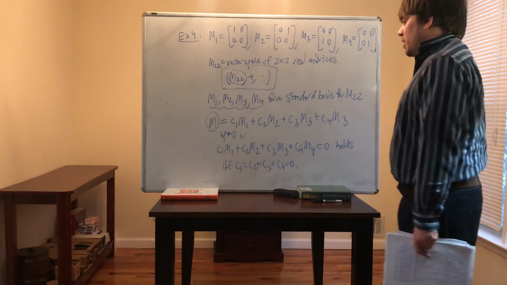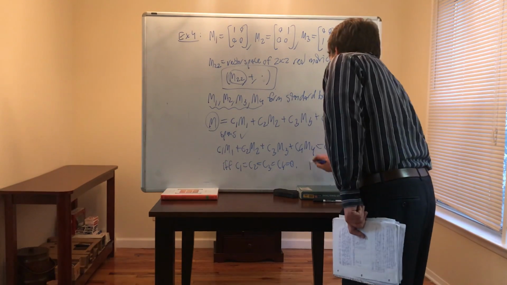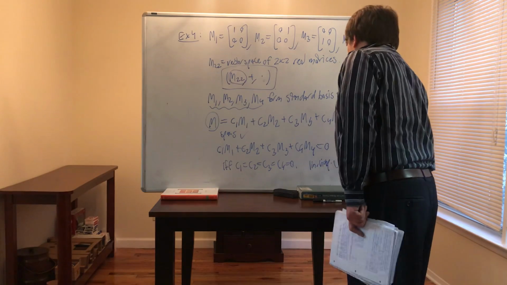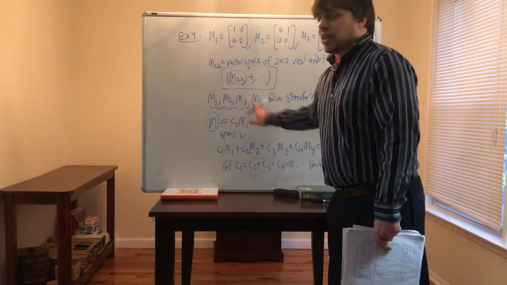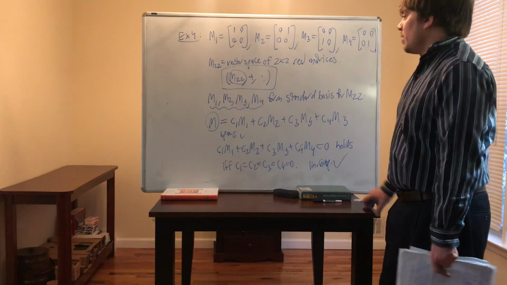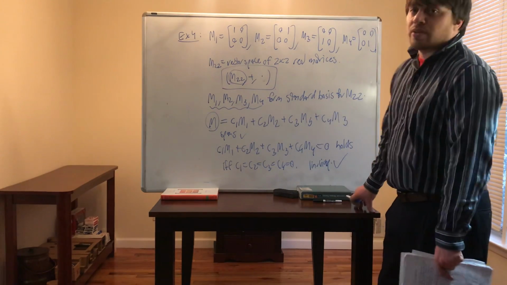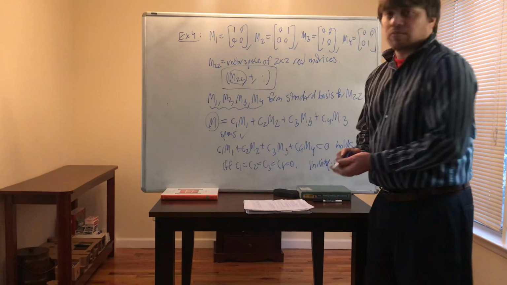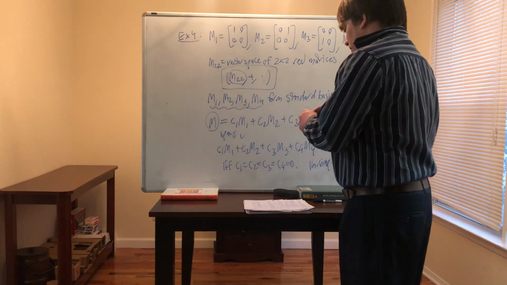And so that means that the set containing those 4 vectors, M1 through M4, is linearly independent. So since you have spanning and linear independence, those 4 form a basis called the standard basis for M sub 2,2. Okay, so that's example 4. Okay, next.